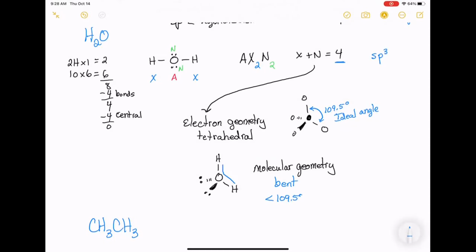So it is sp3 hybridized on the oxygen. Since there is only a single bond between the oxygen and the hydrogens, this molecule has 2 sigma bonds.